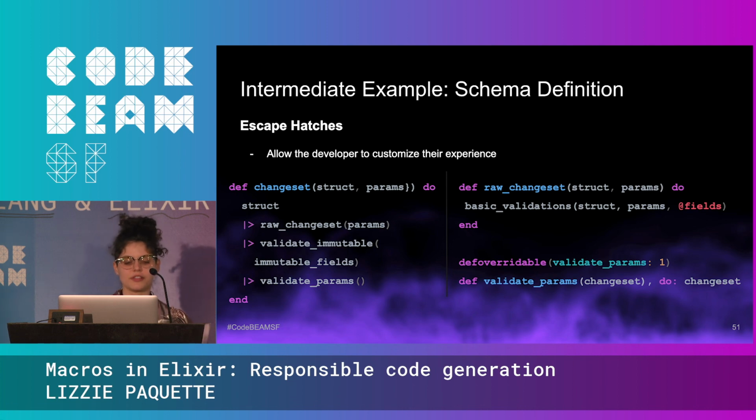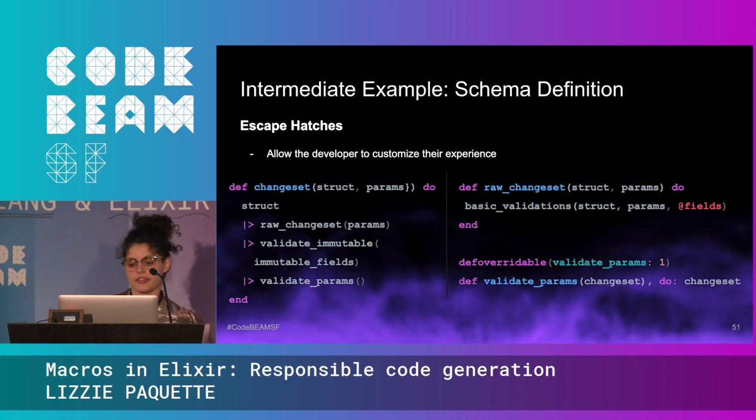So the change set function had all of the validations that we wanted on it. The raw change set function acted as sort of an escape hatch, where say you wanted just bare bones validations. And then we had this function validate params.